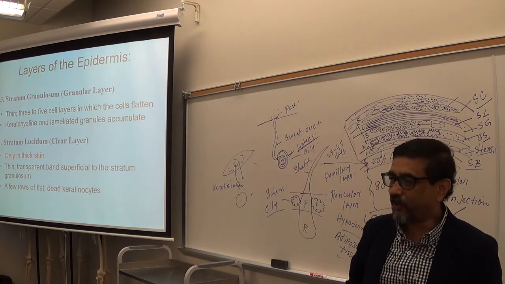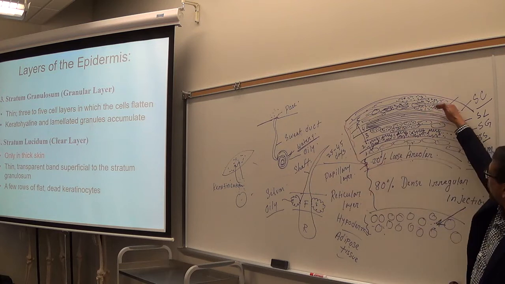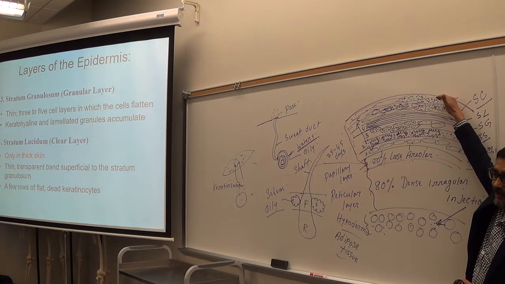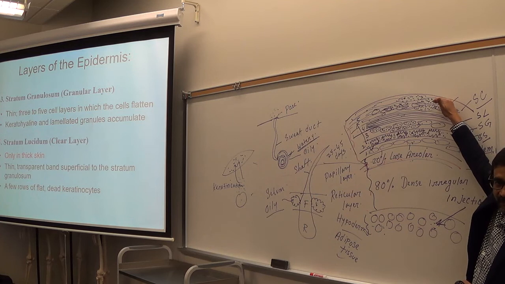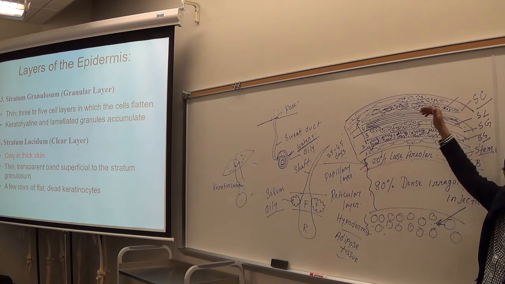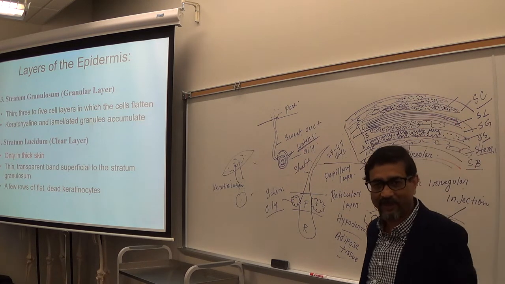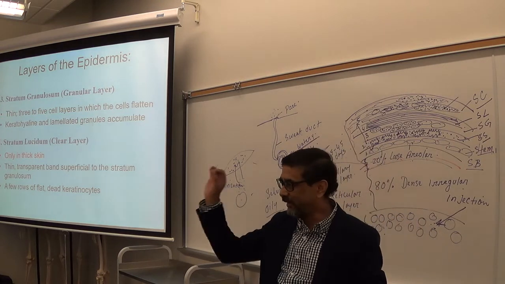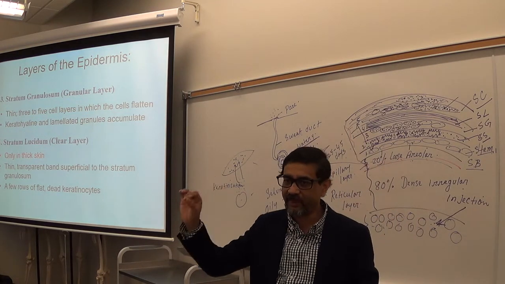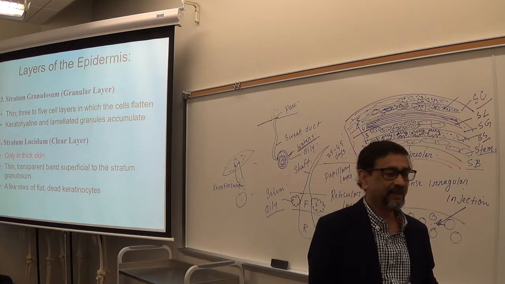And this layer is formed by many layers of squamous cells. Most of these cells are dead or alive? Dead cells. Many layers of dead squamous cells. You remember I said that? And they are filled with keratin. So these are keratinized, stratified squamous tissue or layer.